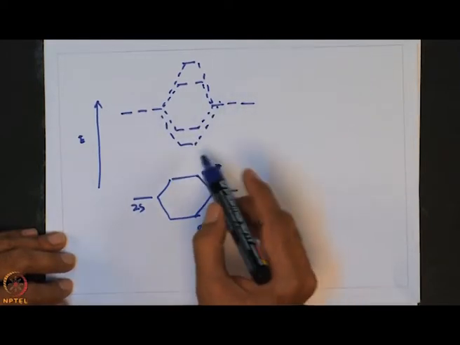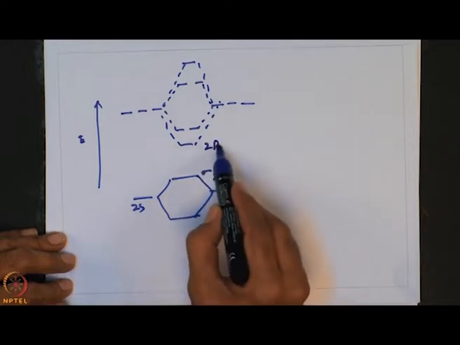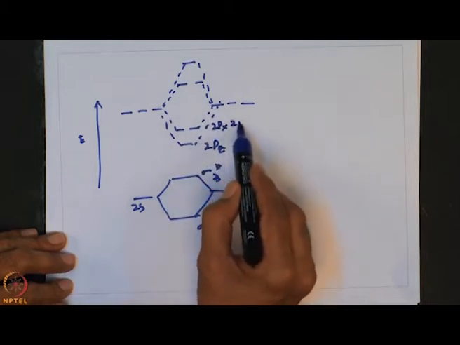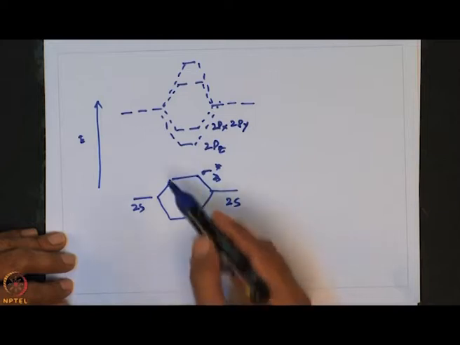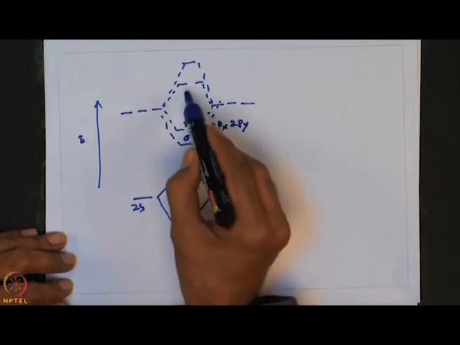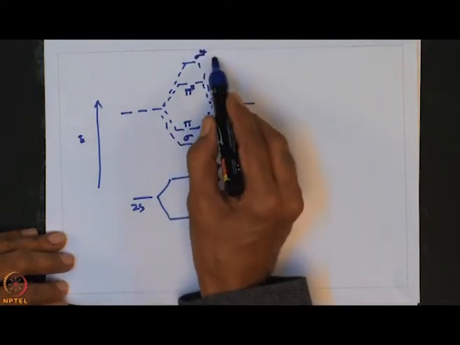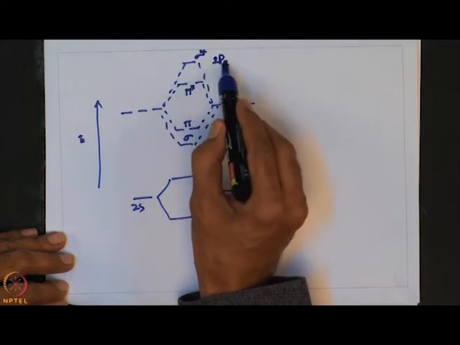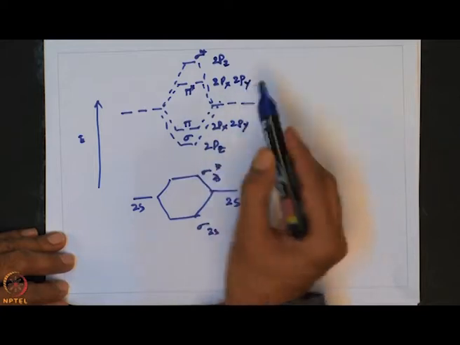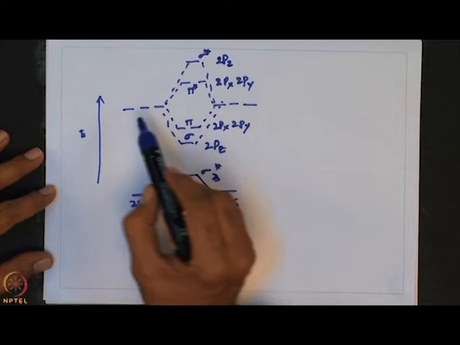So, here it is essentially 2pz, and here it is 2px and 2py. Same thing here, and here it is pi and sigma and pi star and sigma star, and here it is 2pz, and here 2px, 2py. Of course, I have just considered the 2p situation, one can also write 3p and all those things.